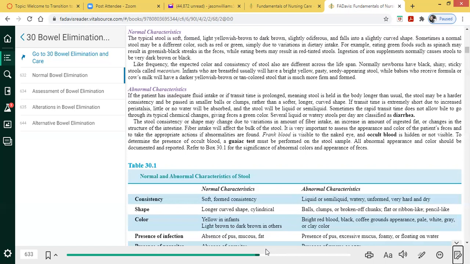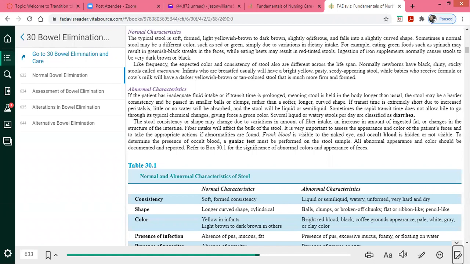It talks about how ingestion of iron supplements can cause your stool to be very dark brown or even black. So if you have a patient who is on iron supplements and they complain to you, hey nurse, my stool is black, that is a normal finding due to the fact the individual is on iron supplements.